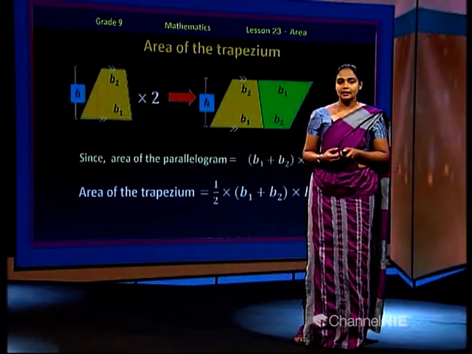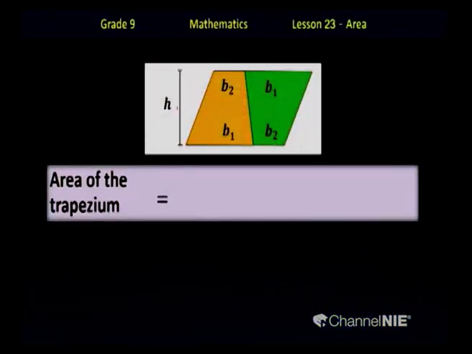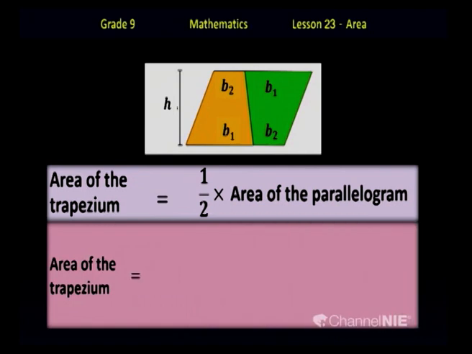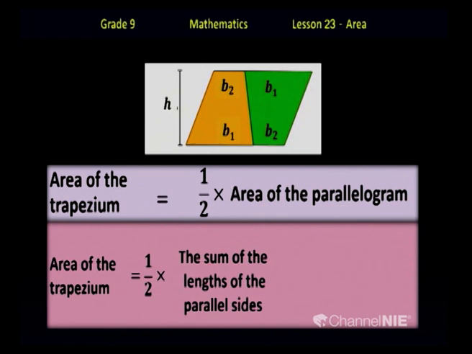Because we are finding the area of a trapezium, we use the area of the parallelogram: the area of the trapezium is half of it. So the area of a trapezium is half into the sum of the lengths of the parallel sides a and b. a is one side, b is the other side of the trapezium.